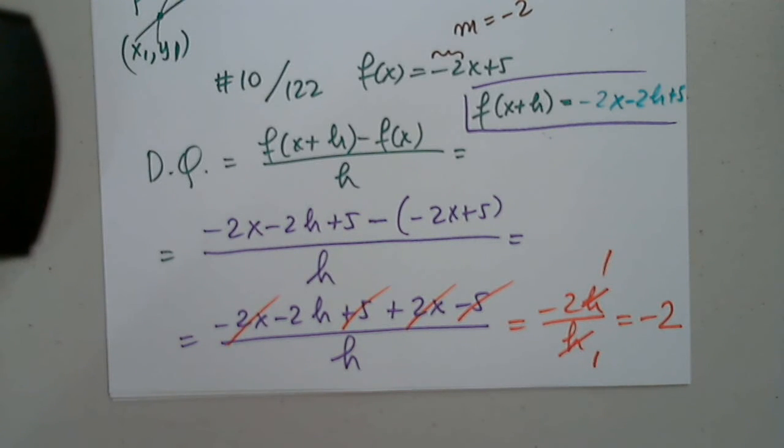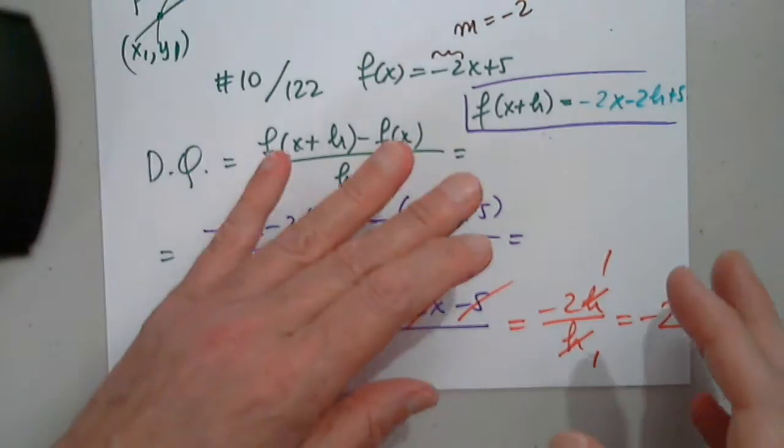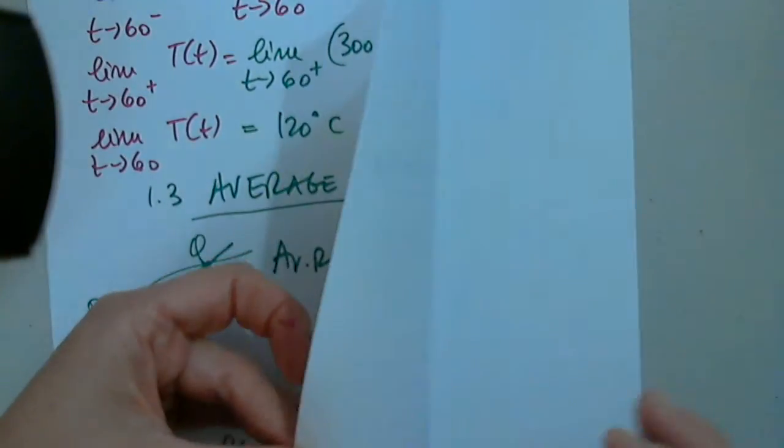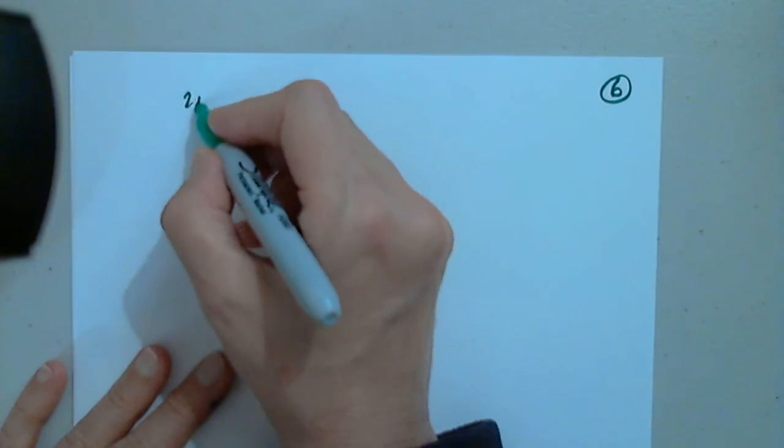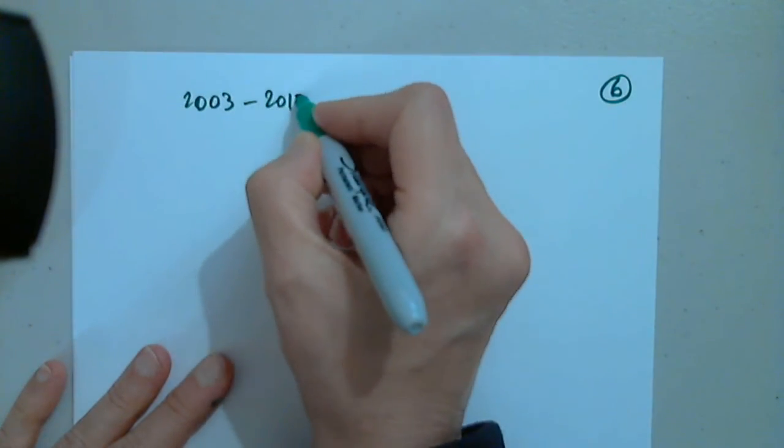So let's choose one set of years. Either 2003 to 2007 or 7 to 12 or 3 to 12. It's up to you. Choose one. Let's do 3 to 12. Very good. So between 2003 and 2012.